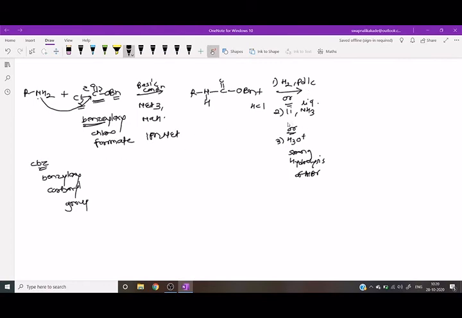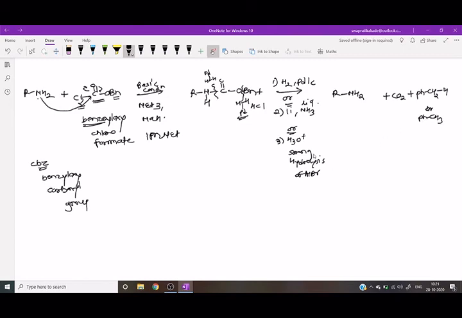First is neutral condition, second is basic, third is acidic condition. It gives RNH2. Hydrogen on palladium surface. RNH2, CO2, benzyl group, PhCH3, that is toluene.